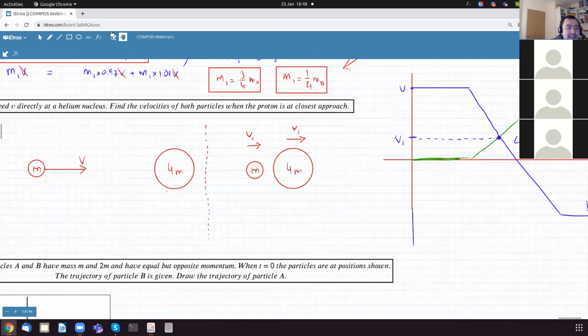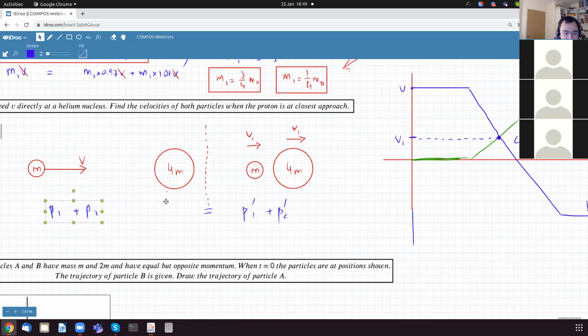So looking at these two separate moments in time, we write the conservation of momentum. So the total momentum P1 plus P2 is equal to momentum P1 after plus P2 after. And of course, this is a single equation.